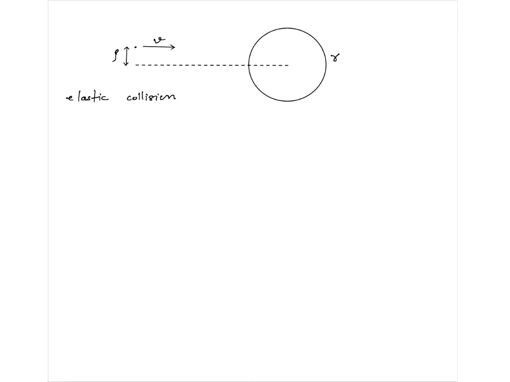You can see that there is a spherical body whose radius is r. This is a small particle traveling with some velocity. This spherical body is at rest. It collides elastically.